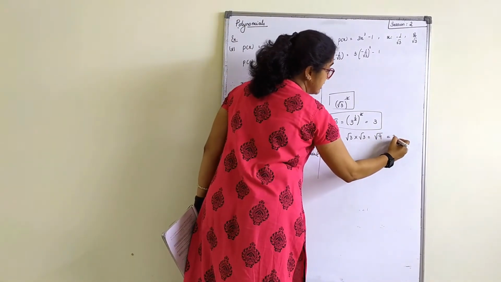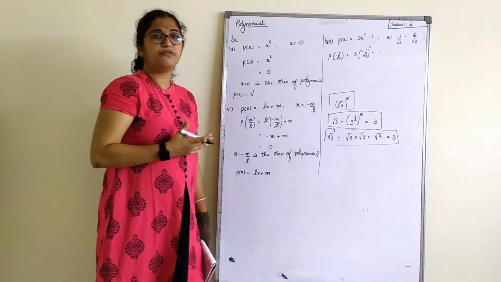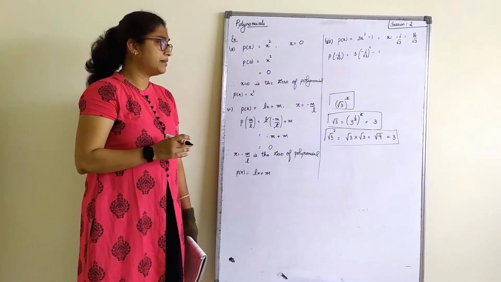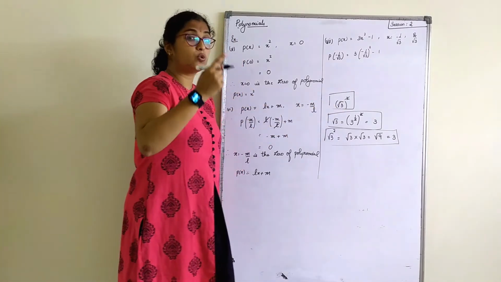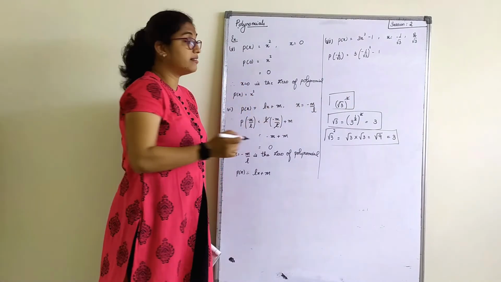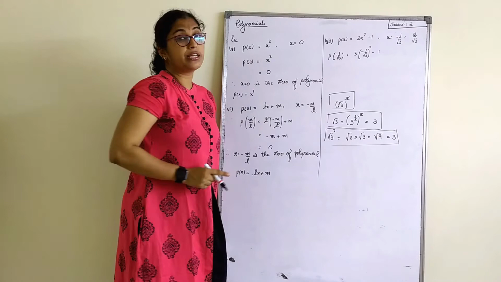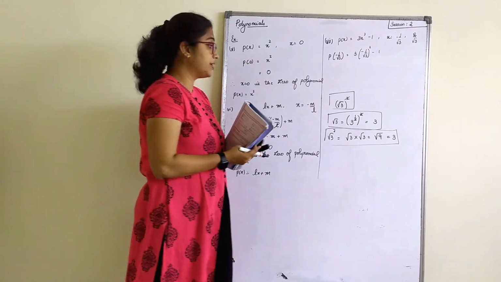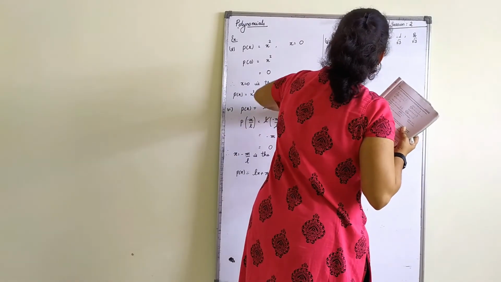It is 3. So there are 3 different ways to understand and write. But one simple thing to always remember: when a square root is squared, the square and the square root will get cancelled and the answer is the number itself. If you want, you can make a note of these things. Okay? So we'll start the sum. It will be easy for us now to understand.